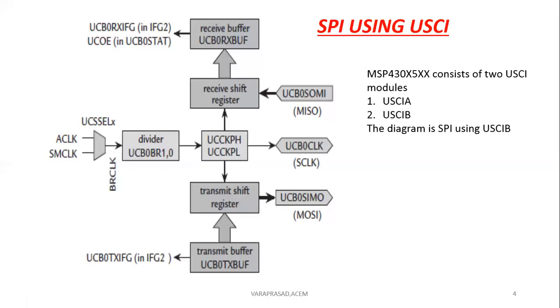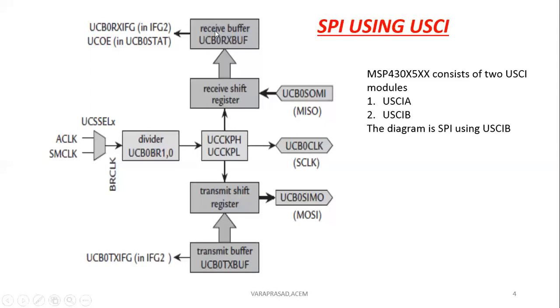Okay, so for every one clock pulse, let us assume if you have received 8 data bits, then these 8 data bits are sent to the receiver buffer.